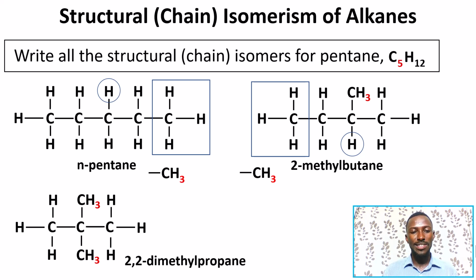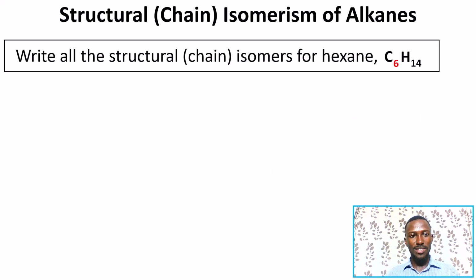The first one is n-pentane, meaning normal pentane. Then 2-methylbutane, then 2,2-dimethylpropane. All of them have the same molecular formula C5H12, but their structures and the way atoms are connected are different. So if you really understood what we just did, let's look at the next example.